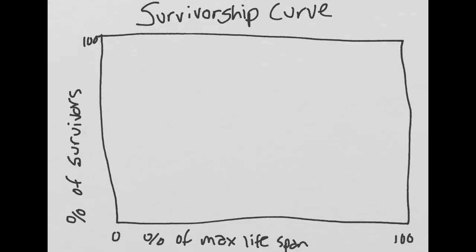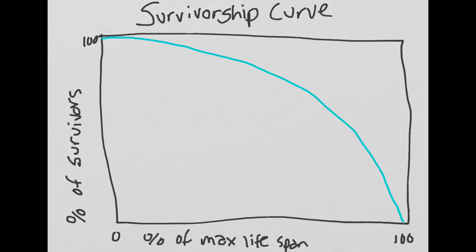Okay, last thing, you're almost done, is the survivorship curve. The survivorship curve is very useful because it helps scientists look at and plot out the life history of a certain species. And there are three types of survivorship curves that help classify the type of life history that a species might have. The first one is type 1, and it looks a lot like an exponential decay model.